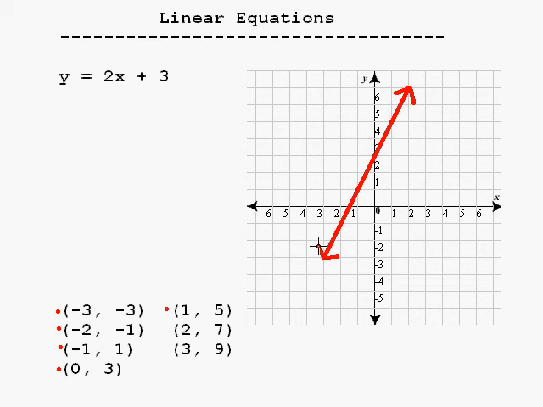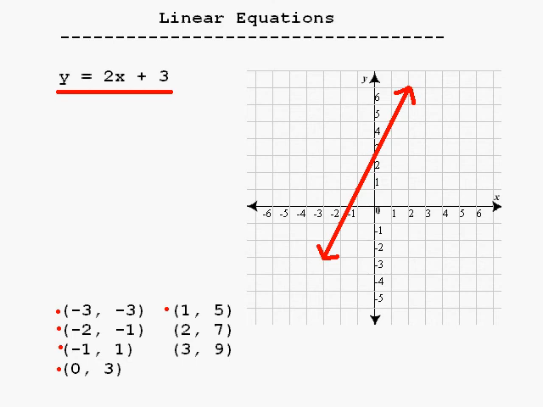This line is a representation of this equation. So we make a chart and get a list of different points. We really only need 2 points, but we can use 3 to be sure we don't make a mistake. Then we plot those points, and the line they make is the line of the equation.